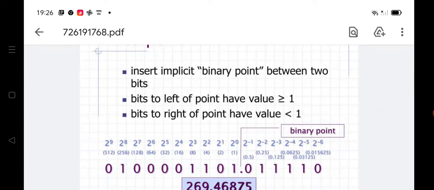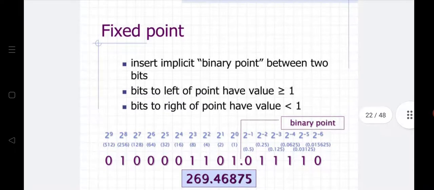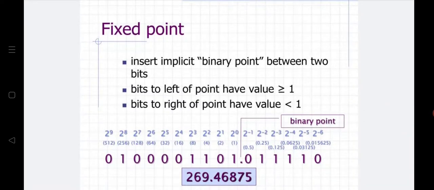A fixed point representation, if I am going to see, is nothing but inserting an implicit binary point between two bits. Between two binary bits, if I insert a point, that is your binary point, and that is known as a fixed point.